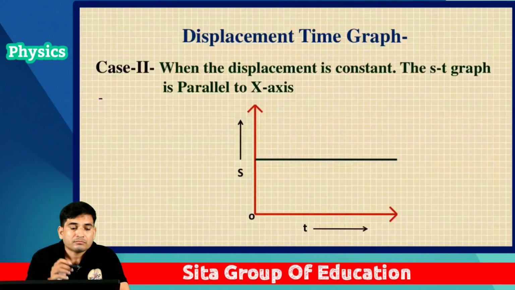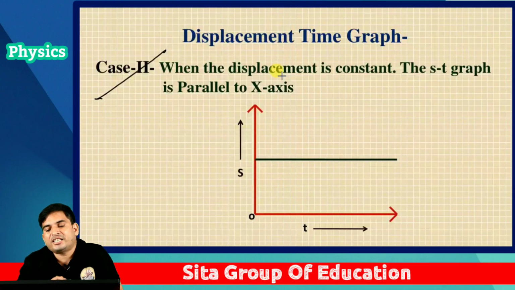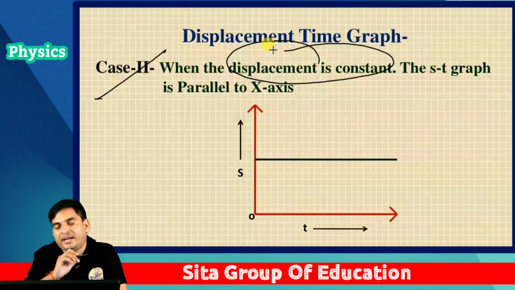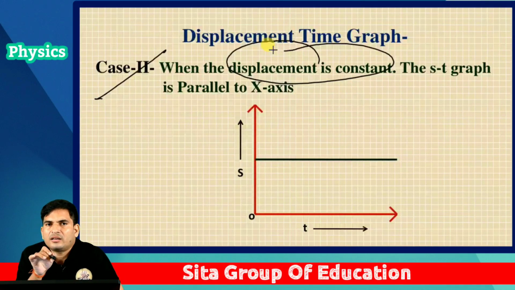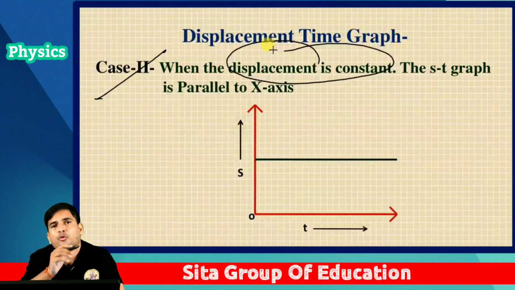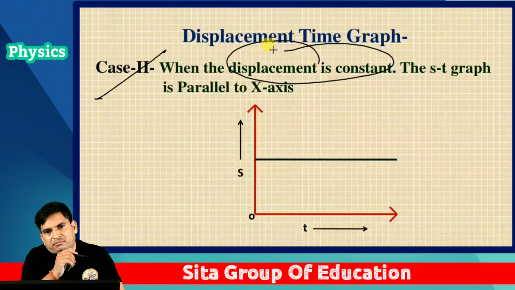Next case, when the displacement is constant. What does it mean? Displacement constant: the s-t graph is parallel to the x-axis.